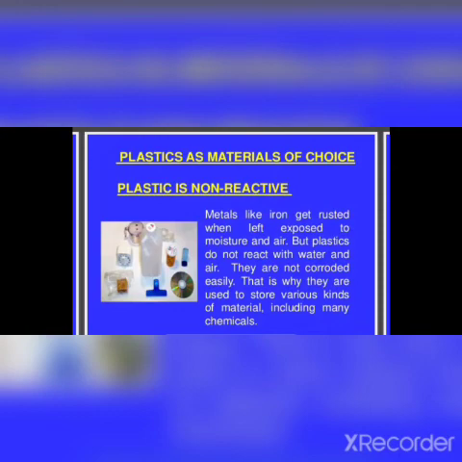Plastic is non-reactive. You might have seen iron articles getting rusted when exposed to air as well as moisture, isn't it? But plastics do not react with water and air, so they do not get damaged easily. That is why they are used to store various kinds of materials, including many chemicals.